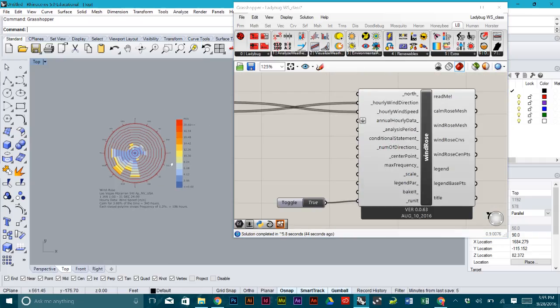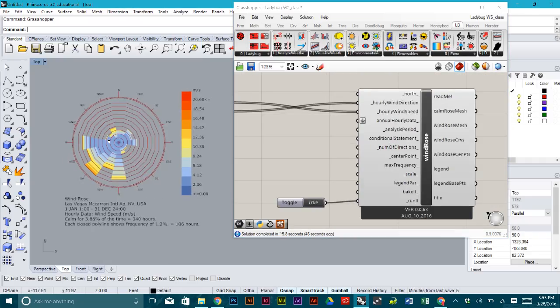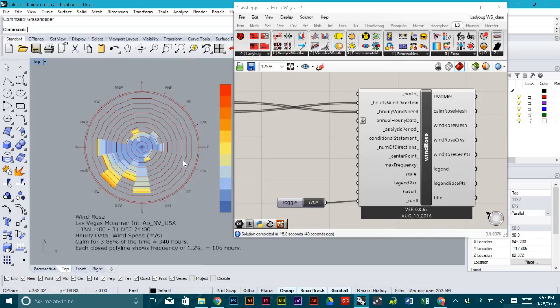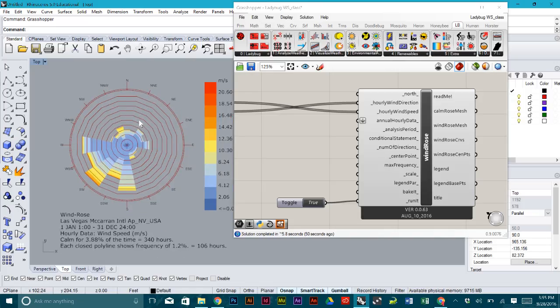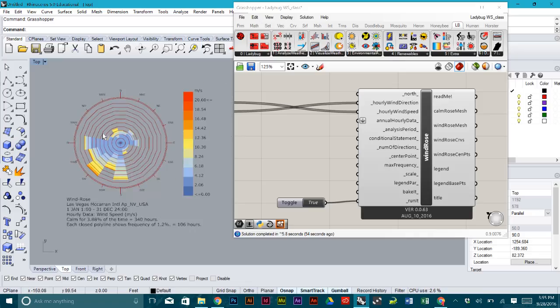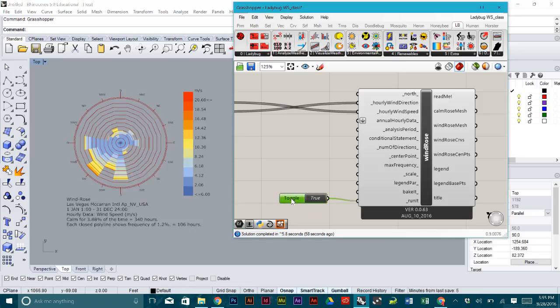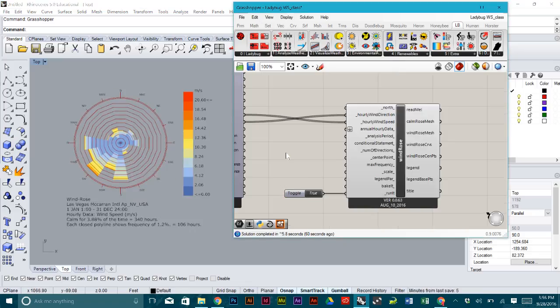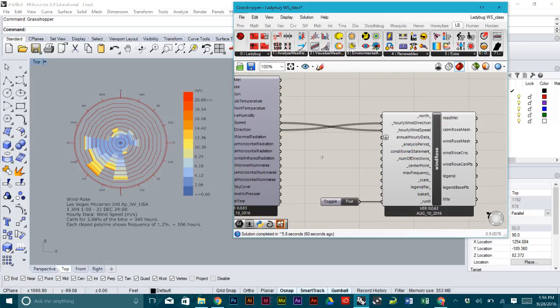So again, this is the inventory part of the exercise. We need to understand that analysis portion. So instead of looking at it purely for the sake of speed and direction, we can also compare it with the corresponding temperatures of that time. So understanding that wind can be either hot or cold, we need to treat each condition differently.